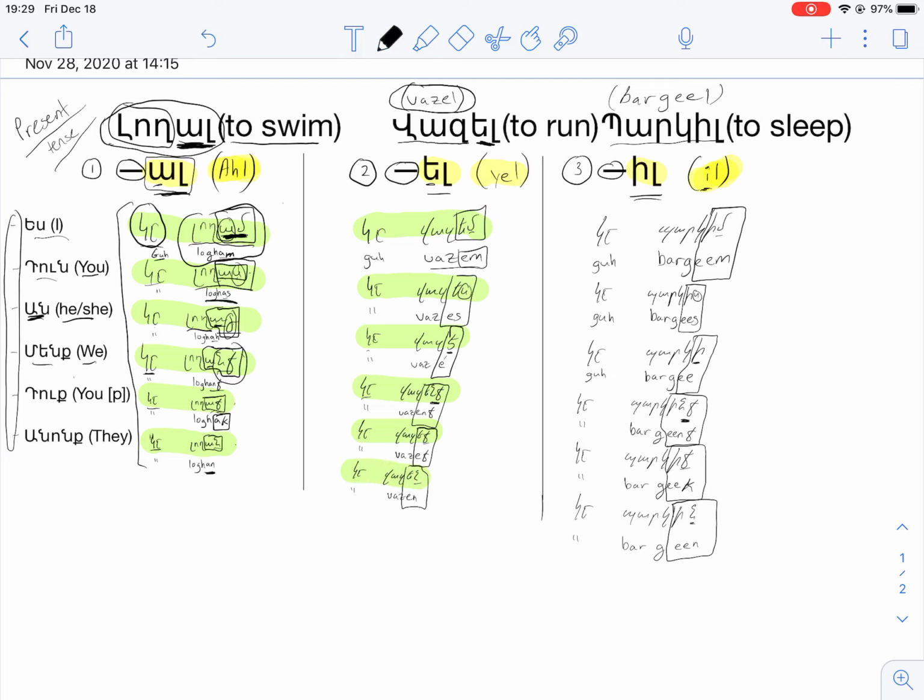And lastly, the ending il. A word that has this is the word for to sleep, which is bargil. I've written it up here. I have il, but it's not il, it's il. That's the correct pronunciation, bargil. All right?